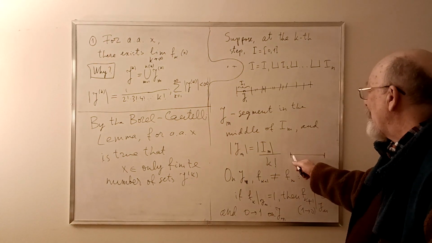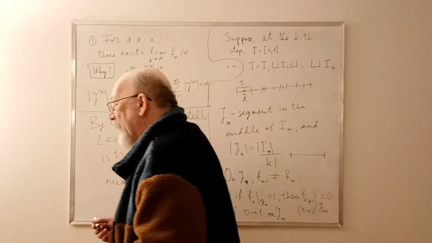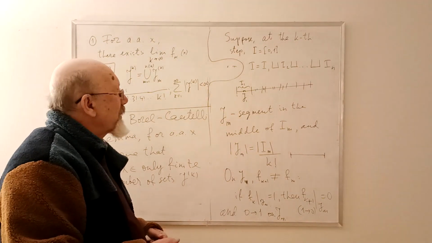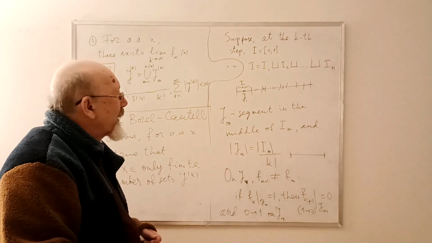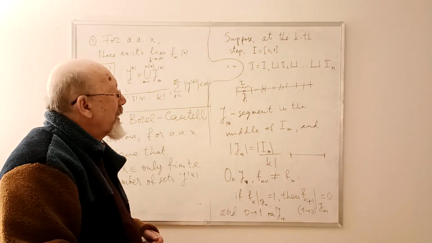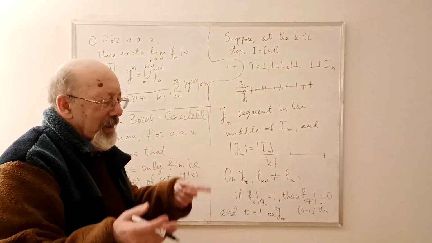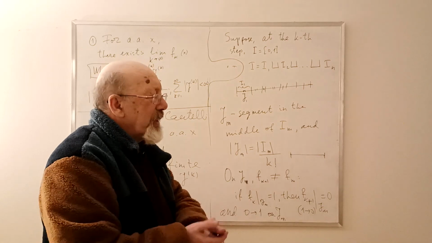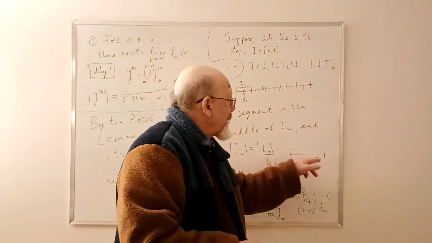So for some set of positive measure, it remains in the set A_k for all k. Yeah. So this means that at least something remains here.